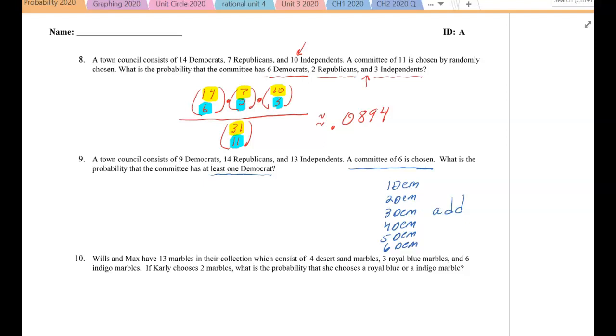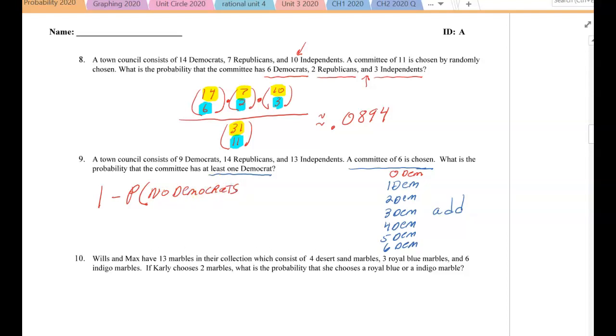But if you look to see what's missing, 0 Democrats. So an easier way of doing this problem is to use the complement. Since we know the probabilities add up to 1, you can do 1 minus the probability of the complement of at least one Democrat, and the complement of at least one Democrat is no Democrats.